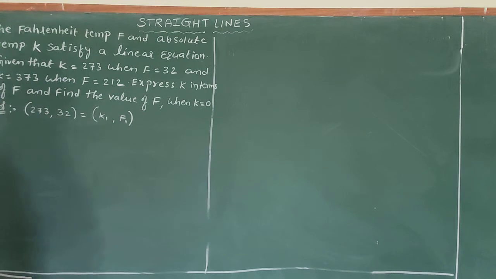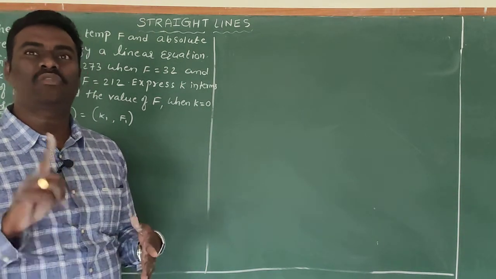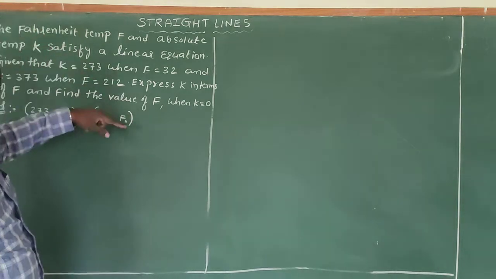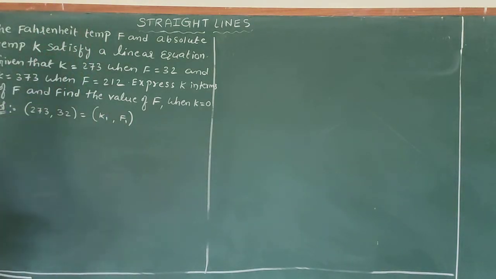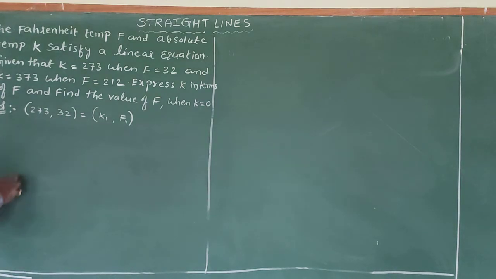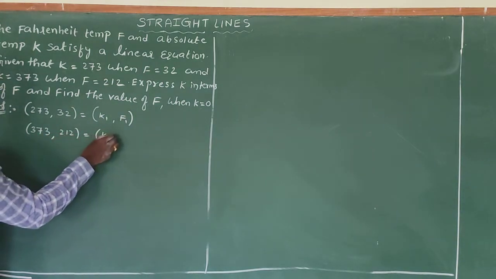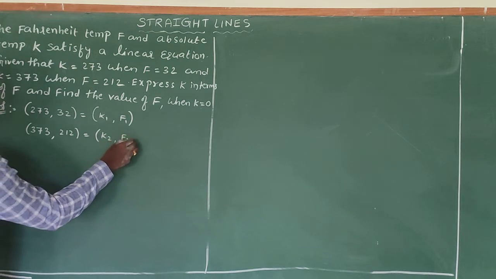Generally, we take the point as x1 y1, but here the variables are K and F. That's why I took the point as K1 F1. Next, second, 373 comma 212. This can be written as K2 comma F2.